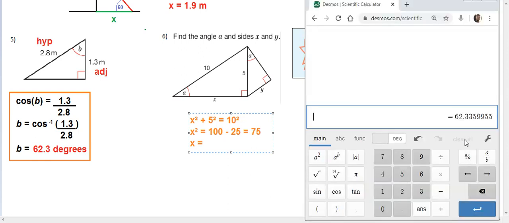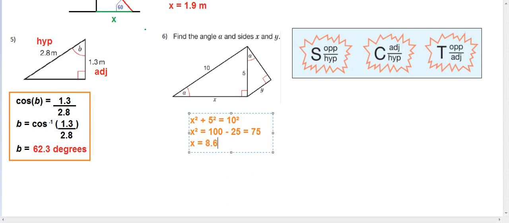Let me clear all. Square root of 75 is 8.66. I'm going to use this number, 8.66. This is x. So let's just write next to x: this is 8.66.